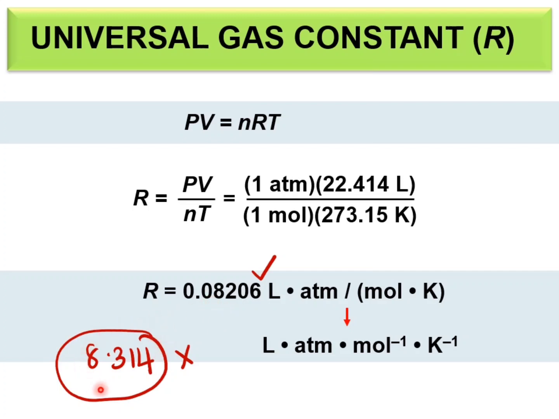Okay, awak boleh pakai nilai ni, but you kena hati-hati dengan unit dalam nilai tersebut. Okay, but for me, better you stick with this value sebab senang. Sebab apa? Sebab volume dia dalam liter, pressure dia mesti atm, mole molar, okay, dan temperature should be in Kelvin. So this is the reason why the unit of pressure, volume and temperature you need to consider.